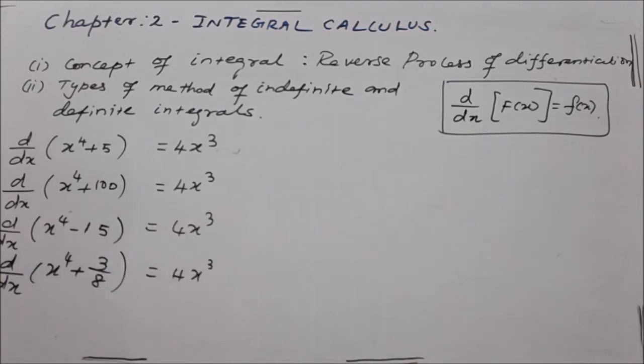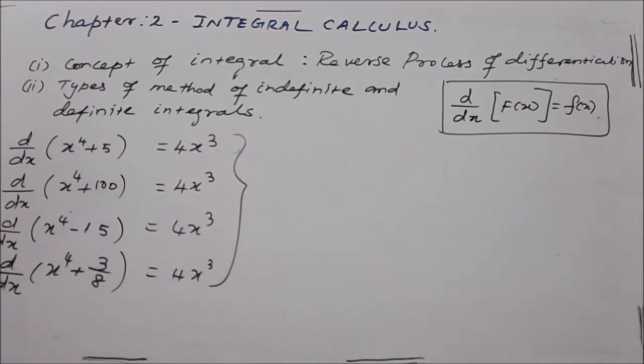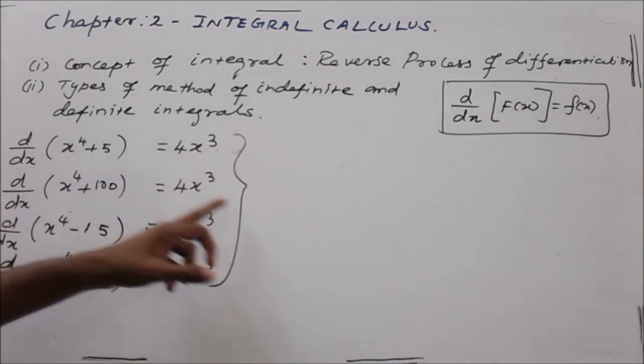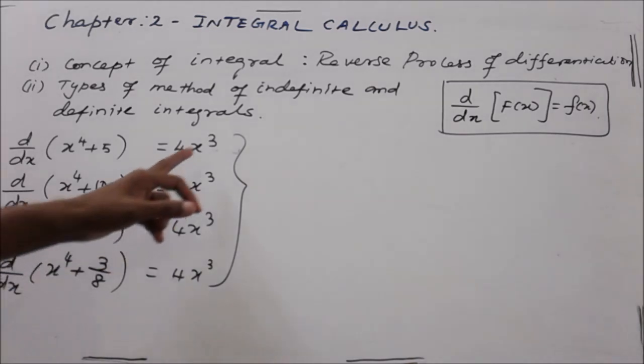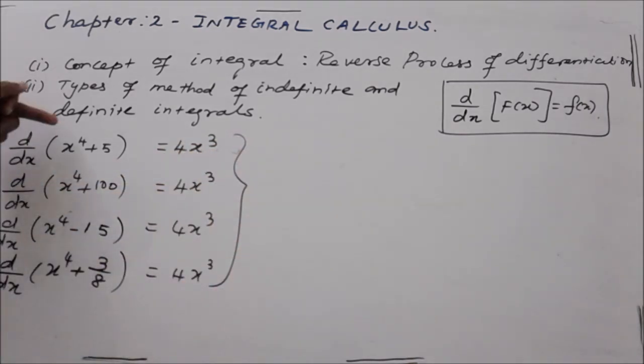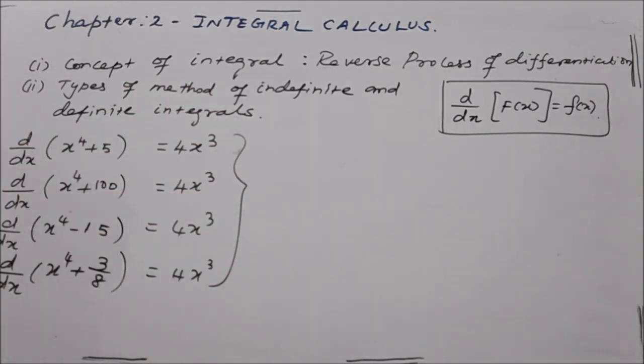Now look at here. These are all different functions, but their derivatives are equal. These are all primitives, and they are all derived quantities. So the derived functions are equal, but the primitive functions are different. Therefore, for every derived function, there are infinitely many primitive functions by choosing the arbitrary constant.